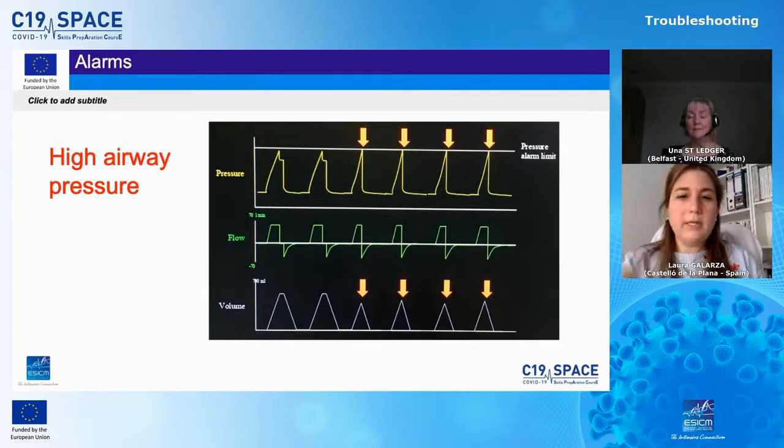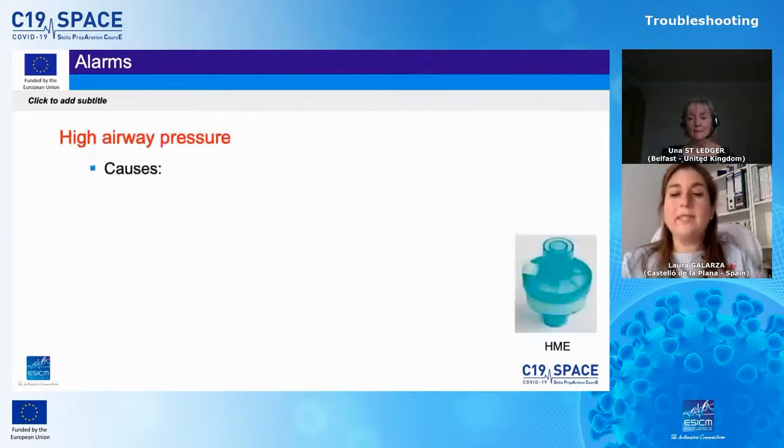And consequently, there's a decrease in the volume that you can see in the last waveform. All this is because many ventilators cycle from inspiration to expiration immediately if the upper pressure alarm limit is reached. As a result, the inspiration is terminated early and the tidal volume is reduced.